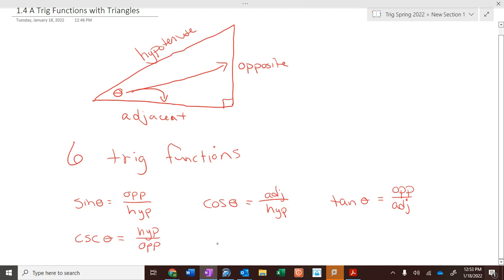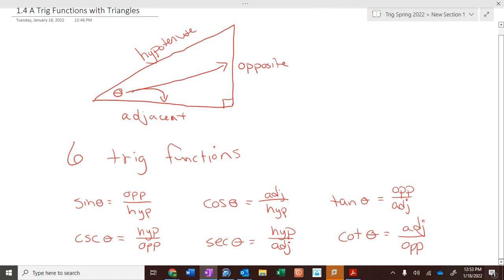The cofunction of cosine is secant. What do you think that one is? Hypotenuse over adjacent. And the cofunction of tangent is cotangent, which is the adjacent over the opposite.